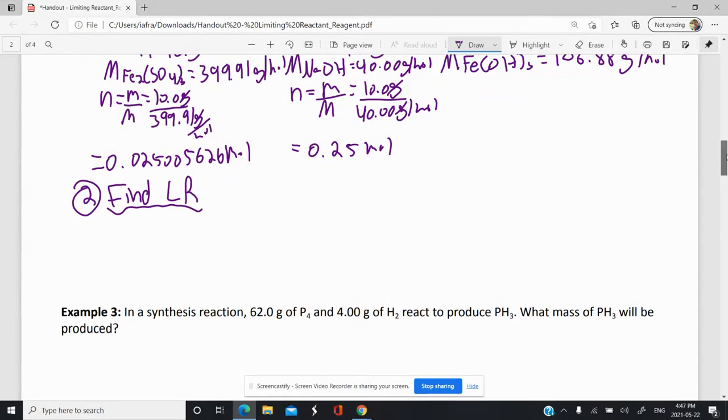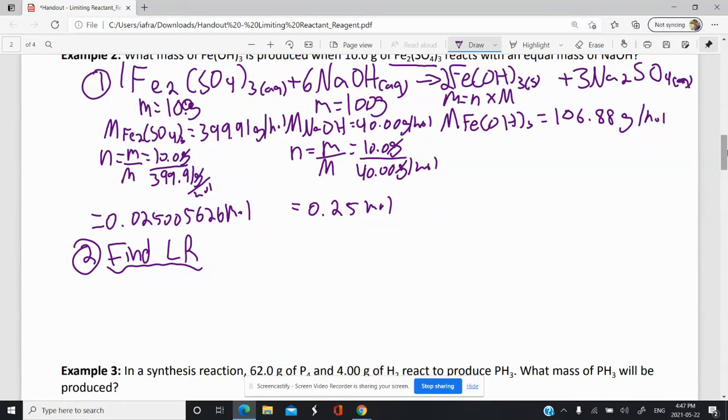So for Fe2(SO4)3, I'm just going to do the number of moles that I calculated, 0.025. I won't put everything there, just a few digits, divided by 1, which is equal to 0.025.